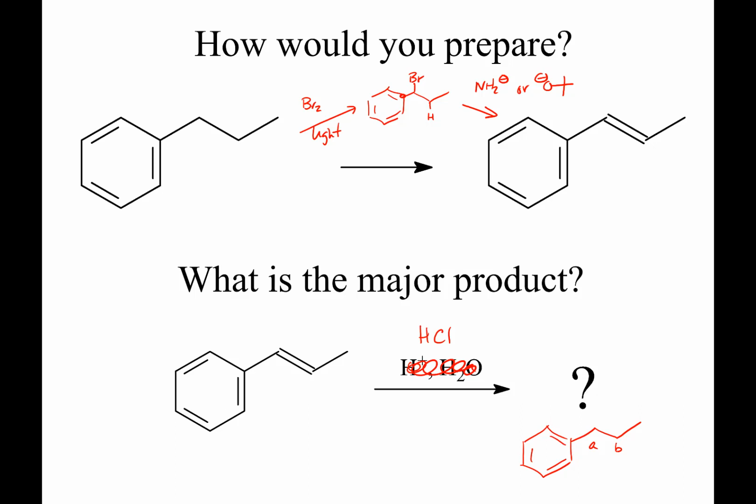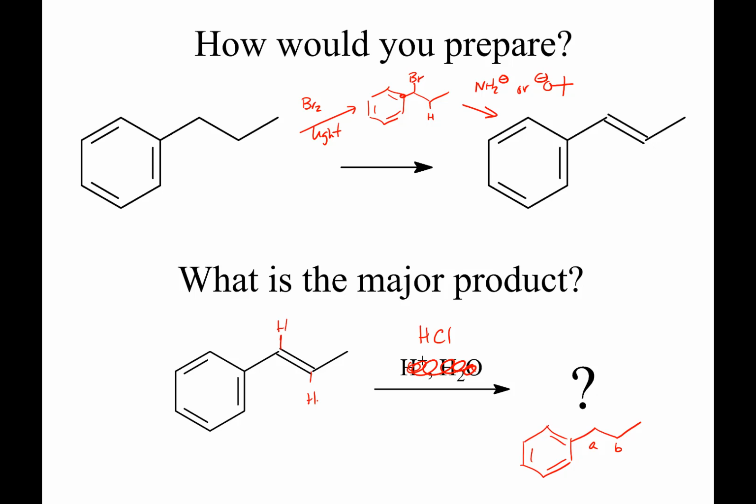Okay. So we got Markovnikov's rule here, right? That's what should dictate this. So our problem is that each of the carbons in the double bond has one hydrogen, so they're tied. So does that mean that we get a 50-50 mixture? I can tell you no. The benzene ring is going to play a role.